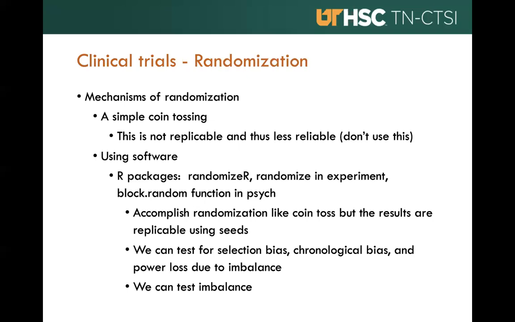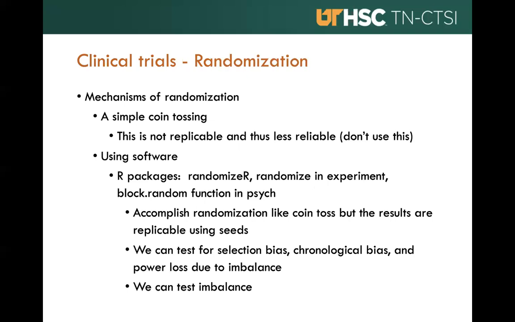Another one is the randomization function in the experiment R package, and the blockrandom function in the psych R package. So there are a couple of R statistical packages that can help us create the sequence of participants that can be assigned to the treatment arm and control arm.